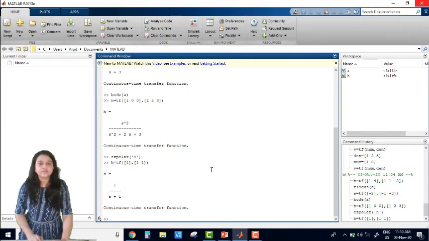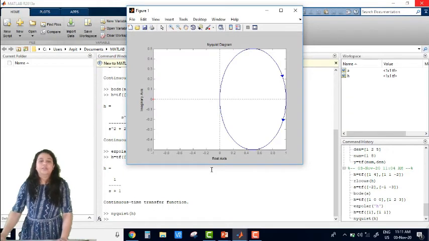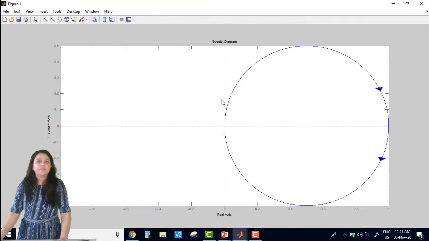So this is the transfer function 1 upon s plus 1. Now what is the command to find the Nyquist plot? It is nyquist, in the small bracket h. Okay, so this is my Nyquist plot of this particular system.